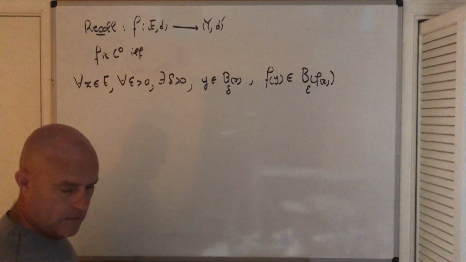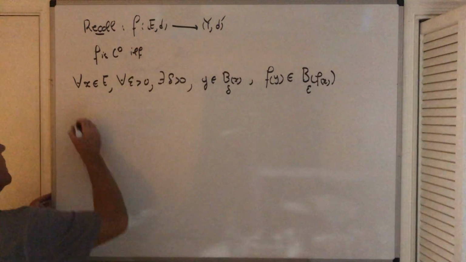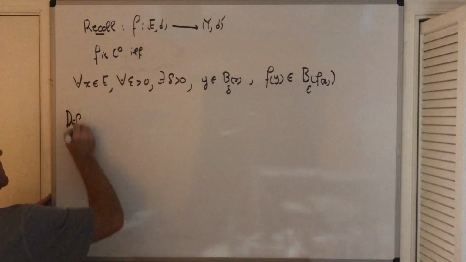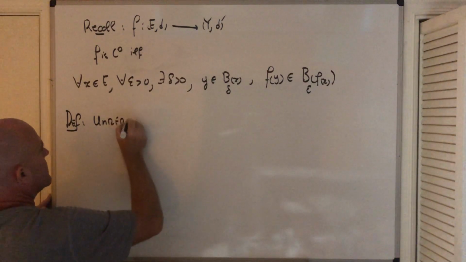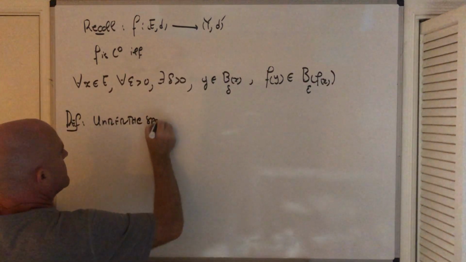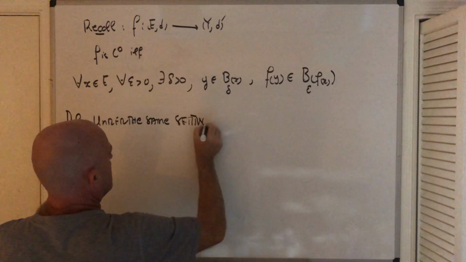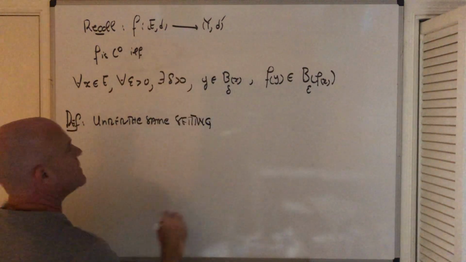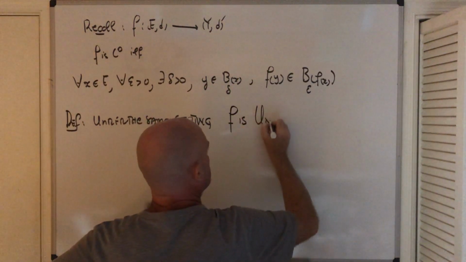Now, that's the definition of continuity. Now, definition. Under the same setting, that is, f is defined like this, f is said to be uniformly continuous.